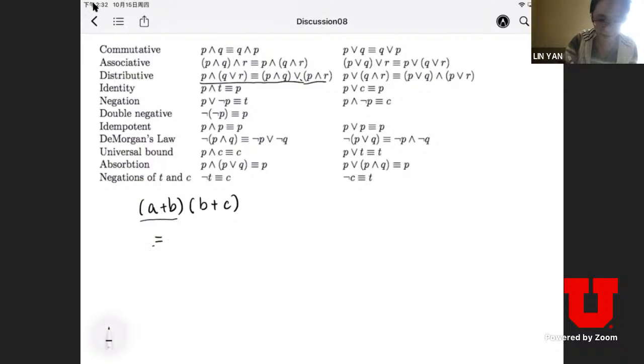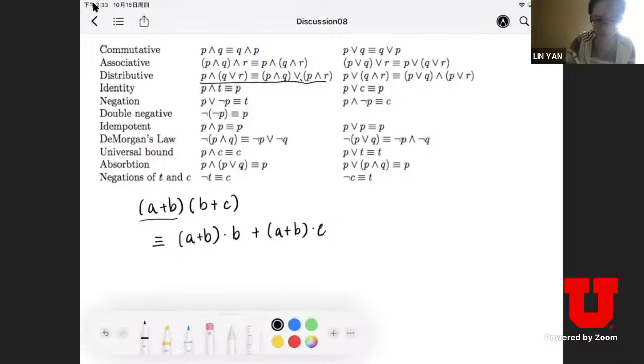So it is equal to A or B and B, or A or B and C. Because the priority of AND is higher than OR, we don't need to put the braces like that. This is by the distributive law.